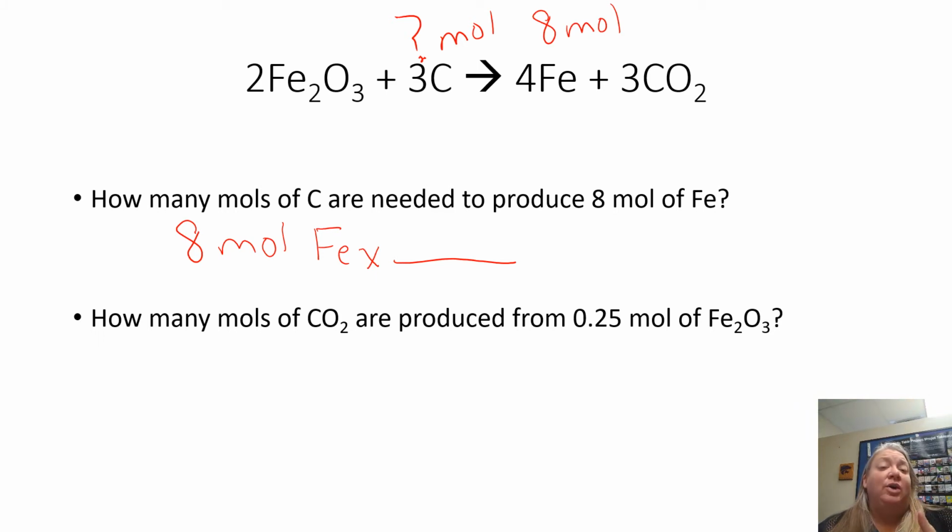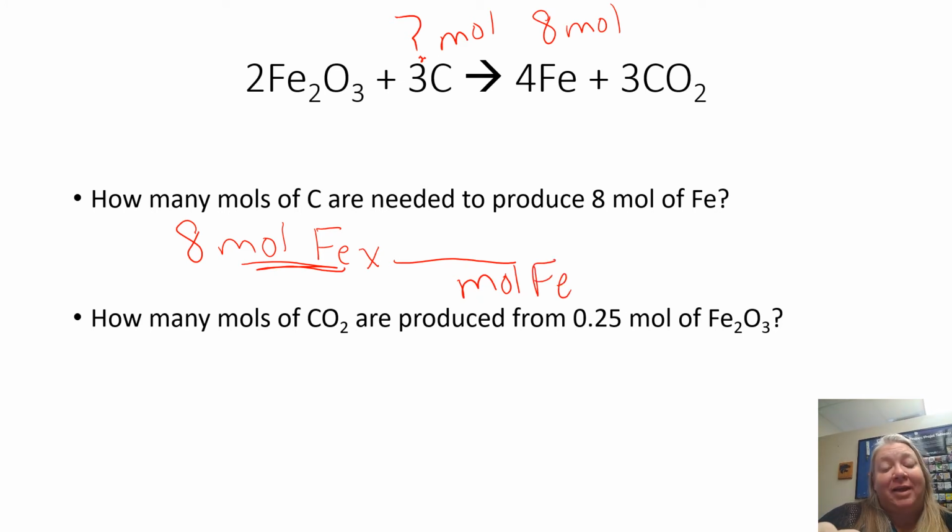We're going to use those coefficients to go between iron and carbon. Because I started with moles of iron, it gives me moles of iron in the problem. I want the moles of iron to be here on the bottom.